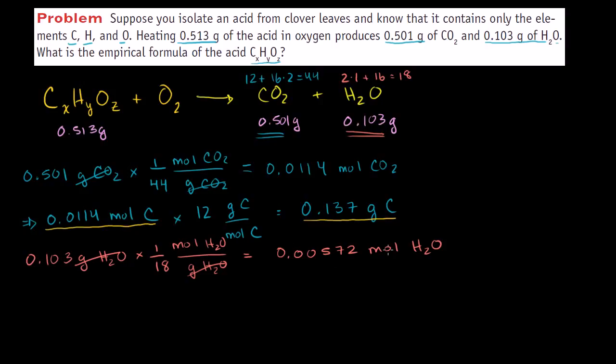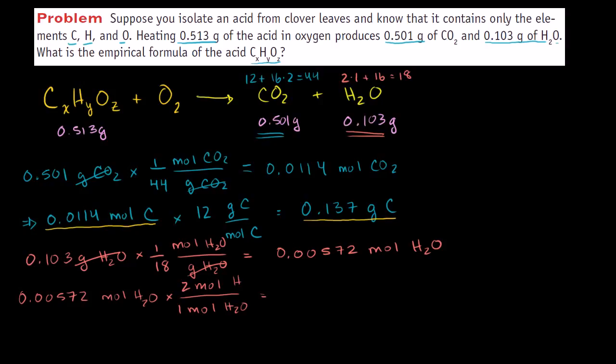Now, if we have this many moles of H2O, how many moles of hydrogen do we have? For every molecule of water, we have 2 molecules of hydrogen. So you multiply that times 2. So let me do that right here. 0.00572 moles of H2O times, we have 2 moles of hydrogen for every 1 mole, I should say, of H2O. So we're just going to multiply this by 2 to get moles of hydrogen.